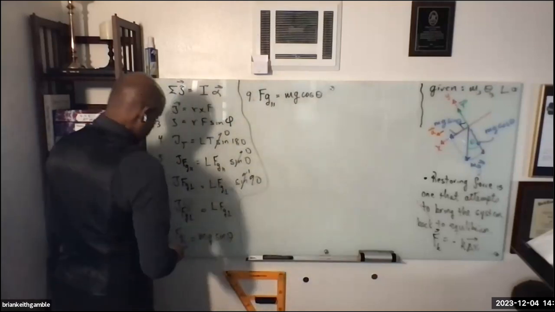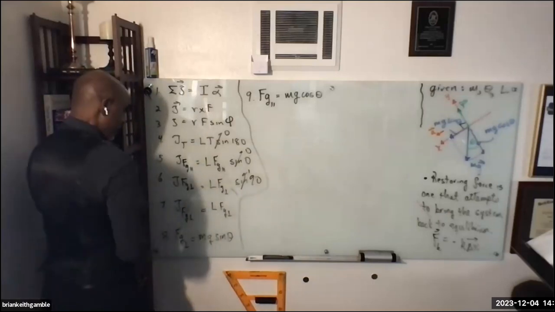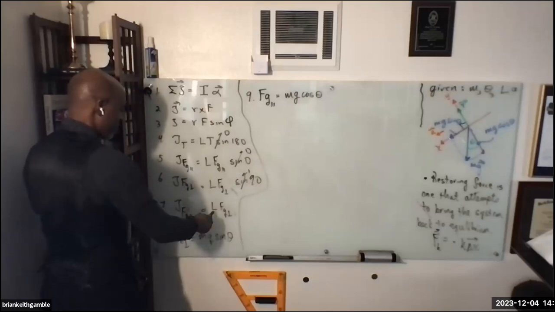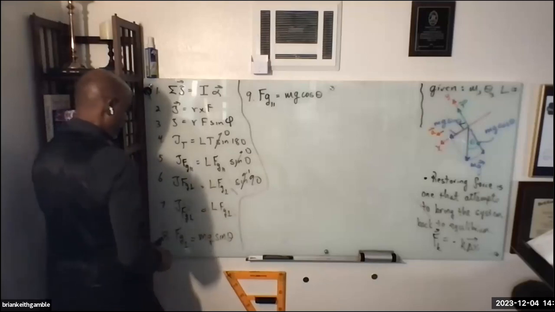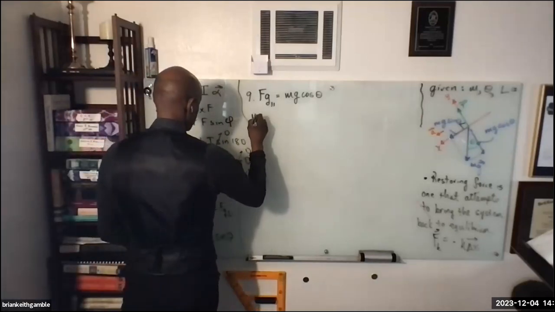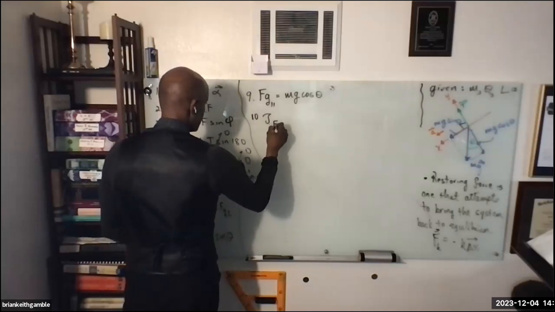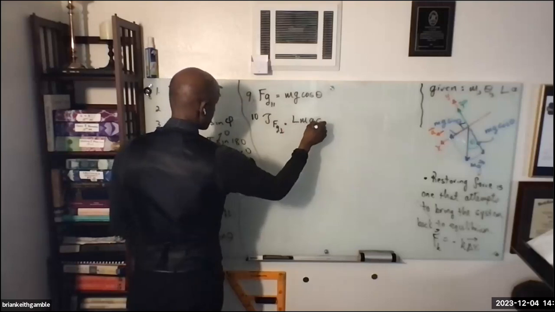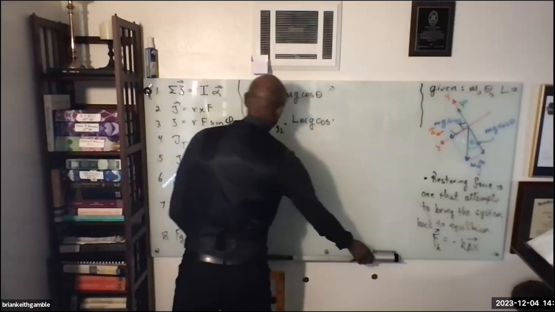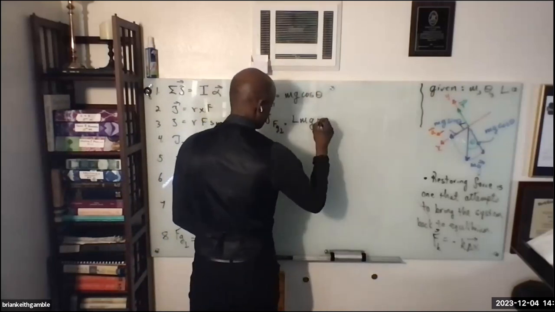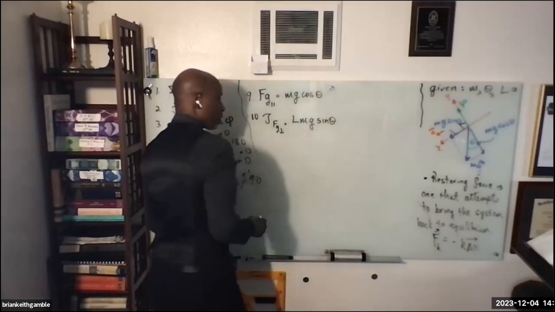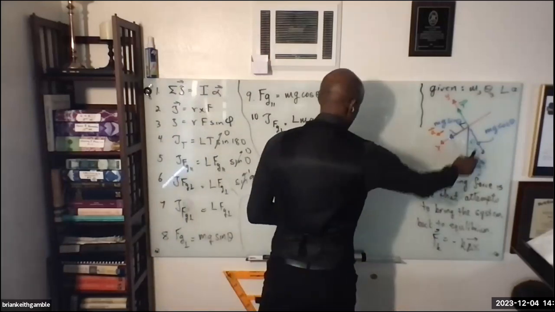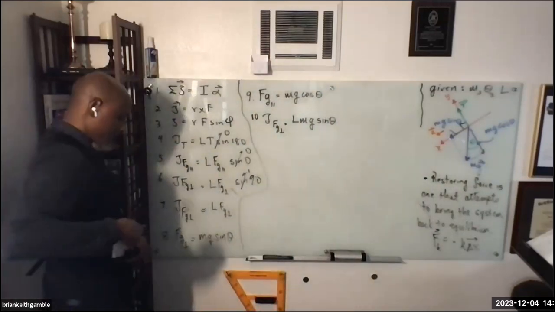So again, what goes up here on the left side of equation 1 is going to be the net torque, which is L FG perpendicular, or torque FG perpendicular is equal to L times mg times the sine of theta, where that theta is, in fact, the angle that the object makes with the vertical at any instant.